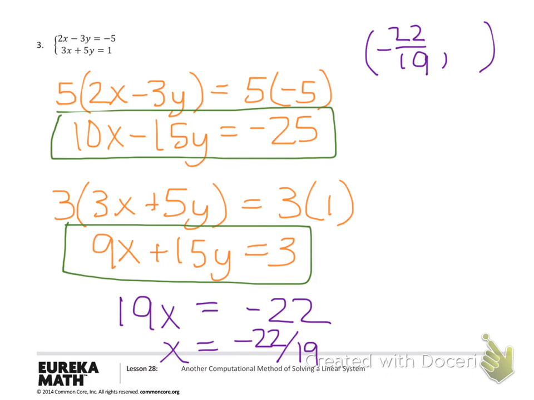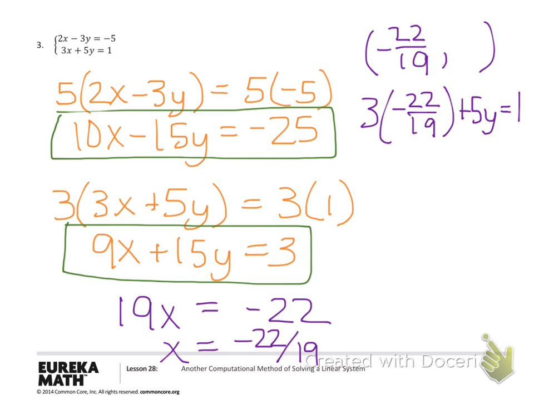so then I can come back up to one of the original equations and put that in for x and solve for y. So I'm going to choose the second one. So 3 times negative 22 over 19, 3x, plus 5y is equal to 1.